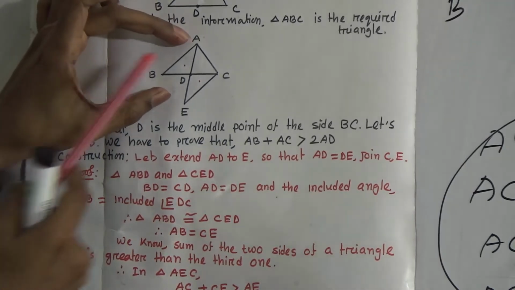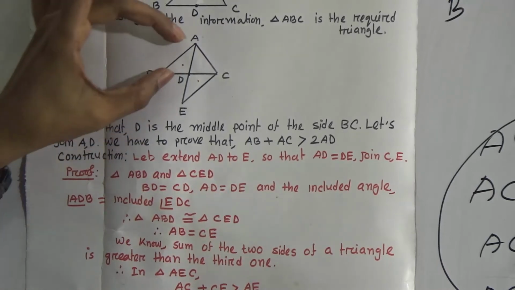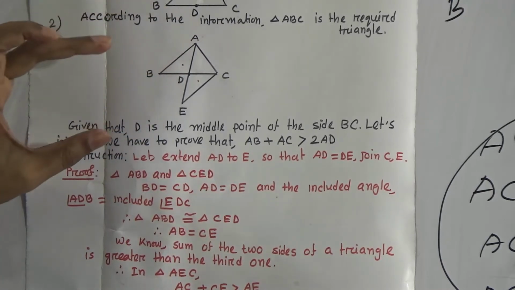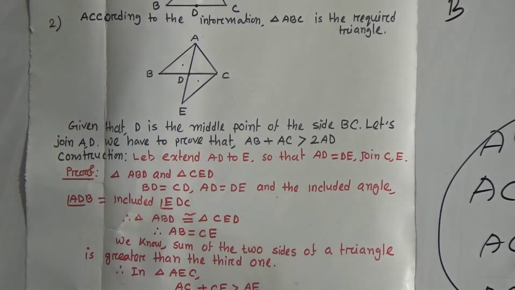AE means AD plus DE. DE also means AD because D is the midpoint and AD and DE are equal. So, AD plus AD means 2AD. Hence, we can say that AB plus AC is greater than 2AD.